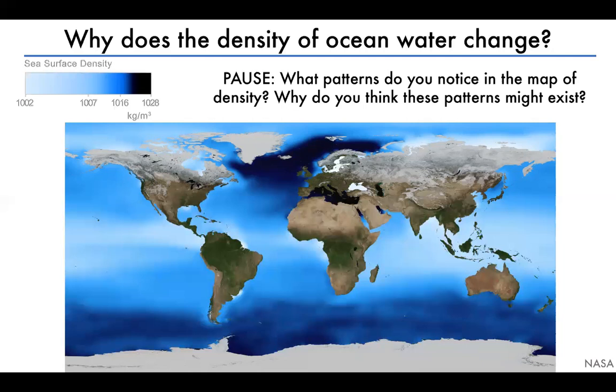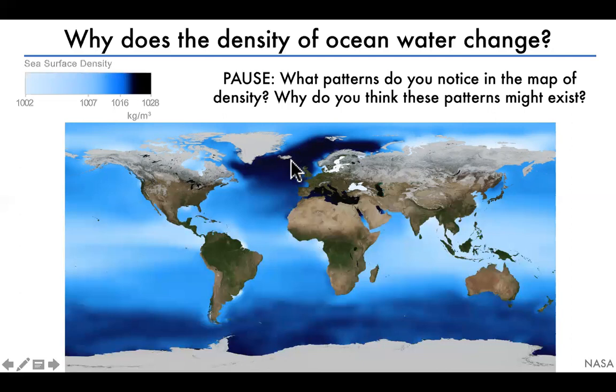So one of the things I want to point out is that we have this region of really high density up here in the North Atlantic. That's the darkest color on the map, and it's very clearly focused in this North Atlantic region, maybe on up here into the Arctic a little bit.